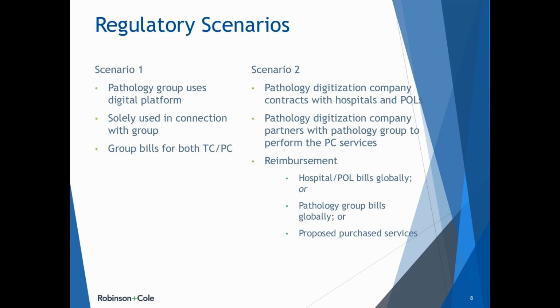And there's various reimbursement models about who globally bills and whether you're doing any purchase services. Here, you have to consider not only the Stark and office ancillary service exception that we were just going through, and the location and who's furnishing the services and whether it meets that, or the other Stark exception of physician services exception. You still have to consider any markup with regards to reimbursement.